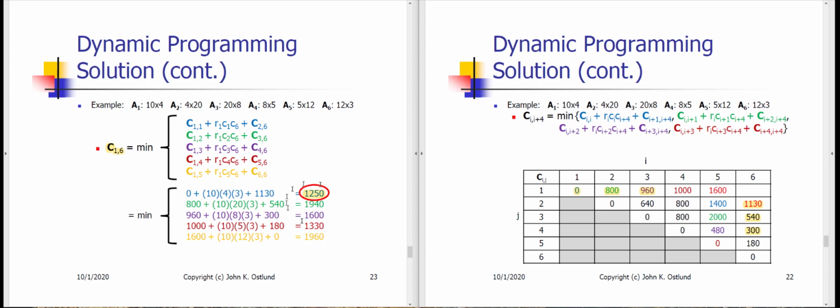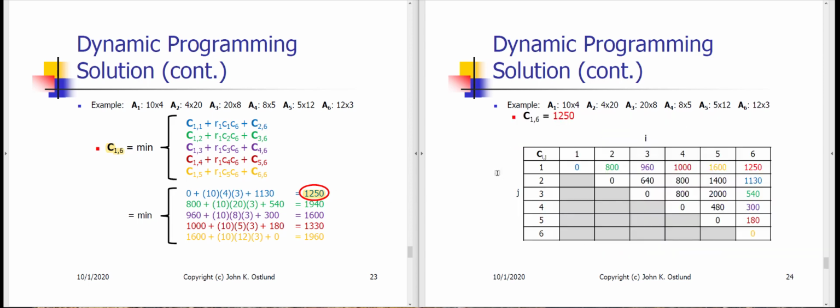And when we ask for the minimum of these 5 values that we've computed, 1250 is the minimum. And so that's what we fill in. 1250 is the minimum cost in terms of cell by cell multiplications of computing the product A1, A2, A3, A4, A5, A6. Isn't that nice? Okay, so 1250 is the minimum cost.